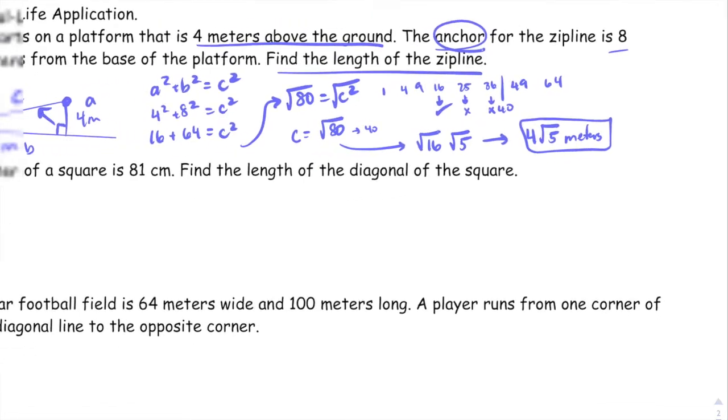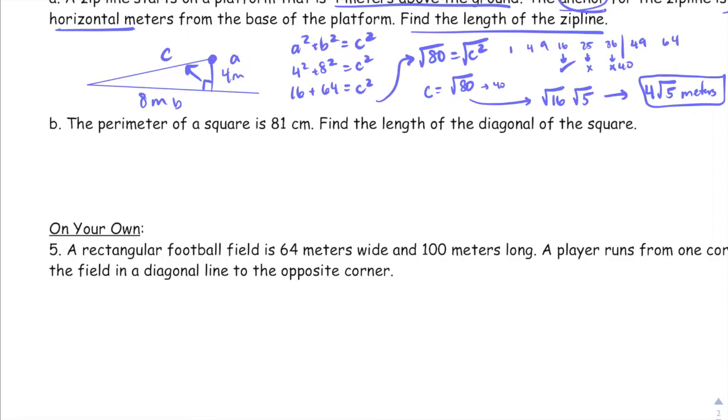The next word problem I wanted to talk about is we'll also be dealing with squares. So the perimeter of a square is 81 centimeters. Find the length of the diagonal of the square. So if the perimeter is 81, the area of a square is 81 centimeters.